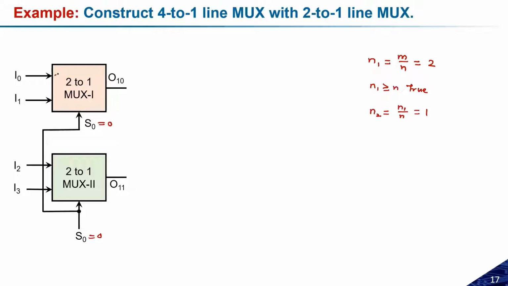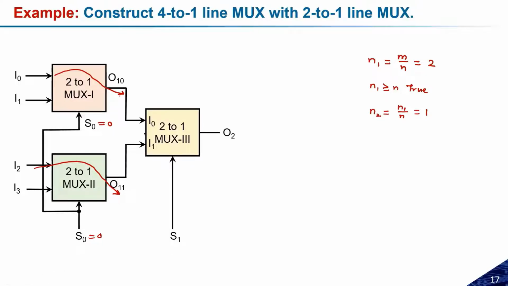So I0 will be transferred to this O10 and I2 will be transferred to this one. Now, because out of these two things I need to take only one output, I need one more multiplexer that will be controlled with the help of these two inputs.